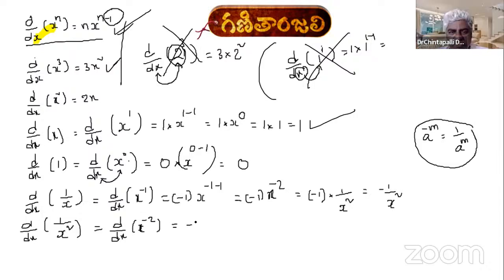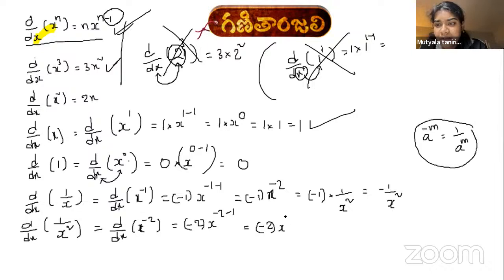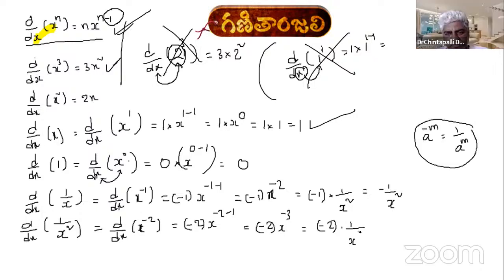It will be -2 times x to the power -3. Sorry, -3. Right? That is -2 times 1 by x cube, which equals -2 over x cube. Got it? Yes, sir.